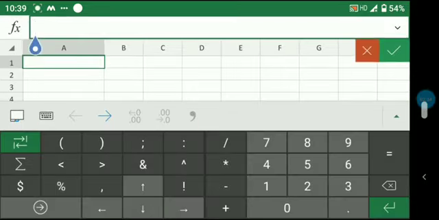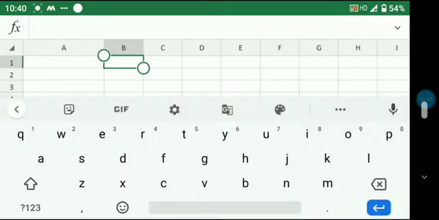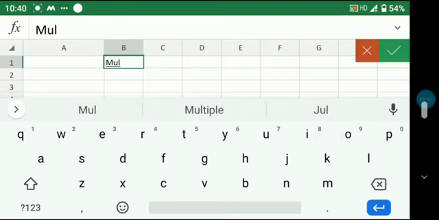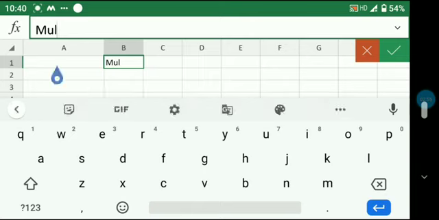Oh sorry, not in this part, I need to use cell A1.